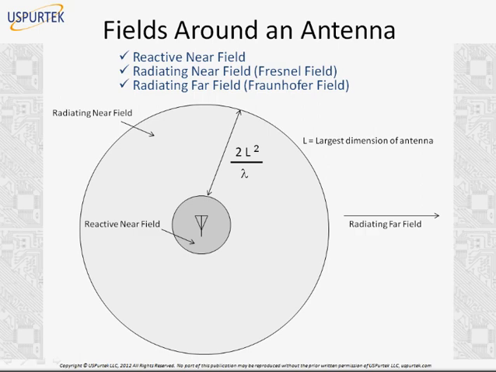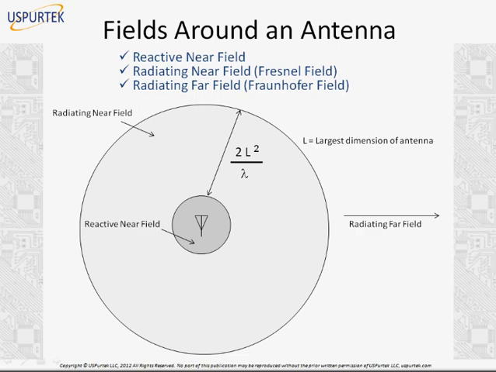It is not propagating in free space, just staying close to the antenna. For a typical wire antenna, this field is about half a wavelength wide. So any half wavelength around the center of the antenna is the reactive near field. It could be either an inductive or capacitive near field, just like you see in any power transformer.